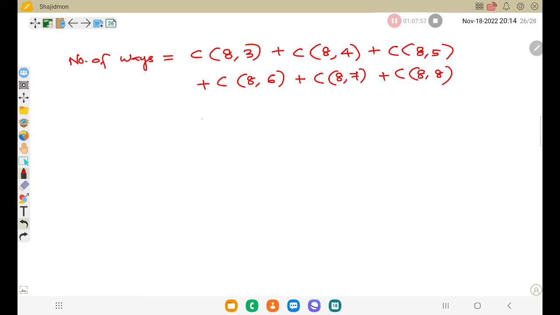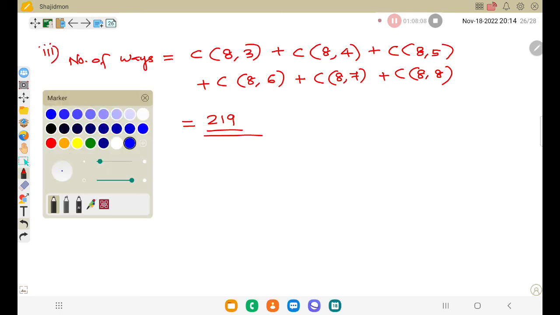So you can check the answer. You will get 219 ways. Okay, 219 we are getting. See, so this is the third part of the question. I hope you understood.